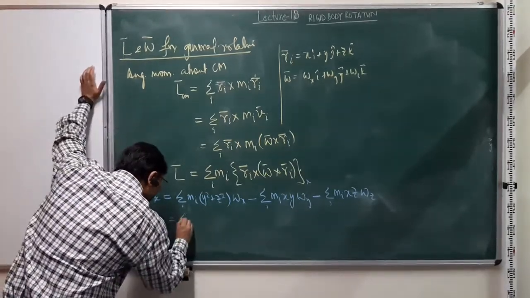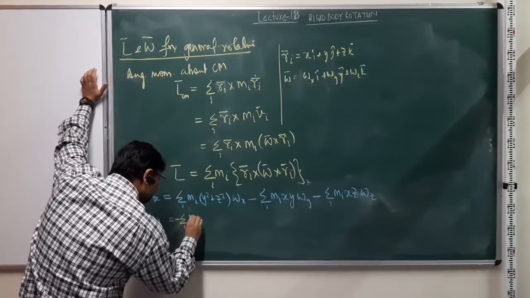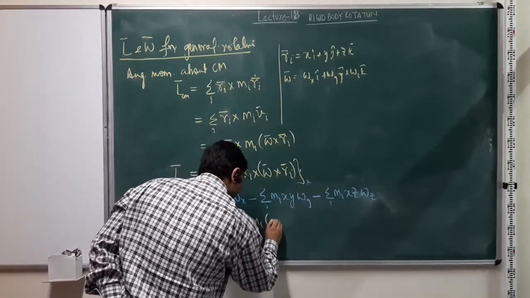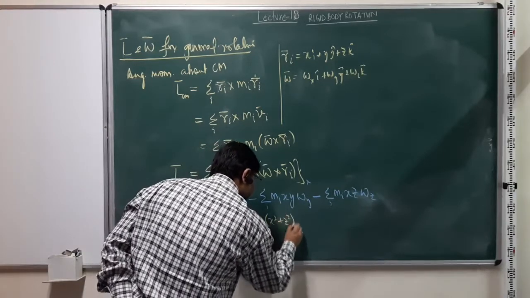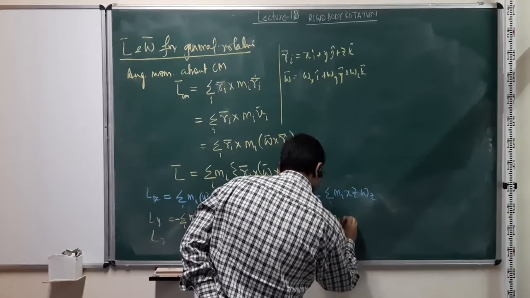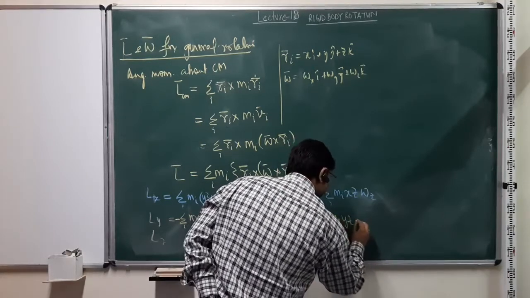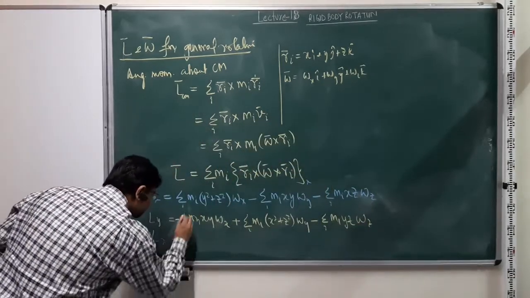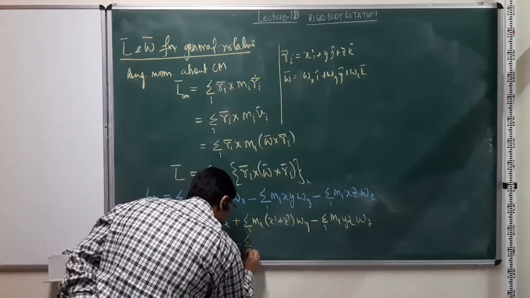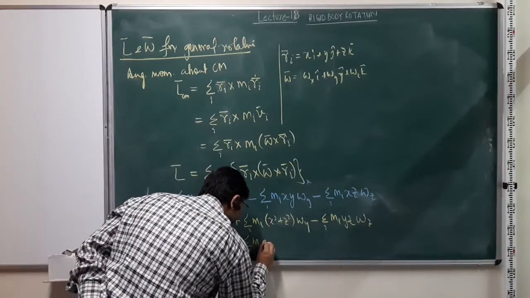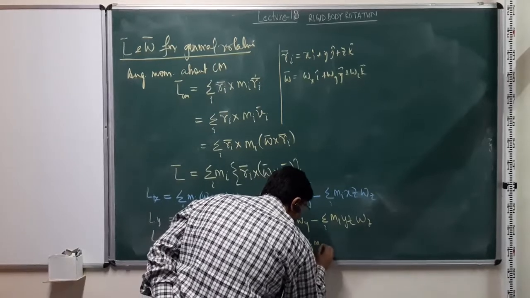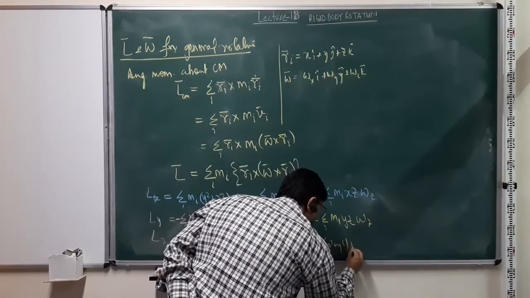So for L_y, this will be minus sum over i of m_i x y omega_x plus sum over i of m_i (x squared plus z squared) omega_y minus sum over i of m_i y z omega_z, and similarly for L_z this will be minus sum over i of m_i x z omega_x minus sum over i of m_i y z omega_y plus sum over i of m_i (x squared plus y squared) omega_z.